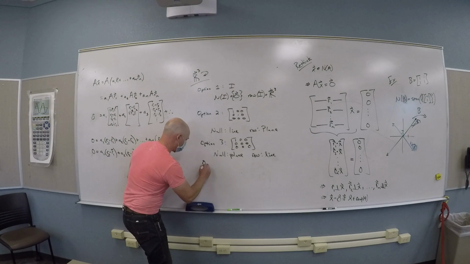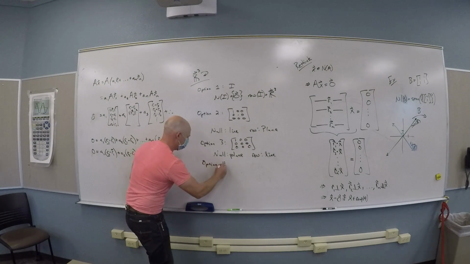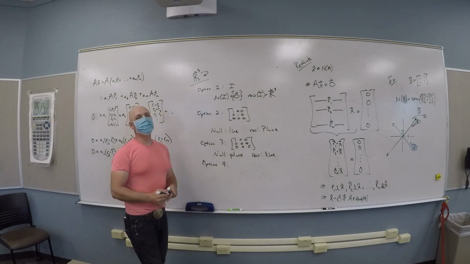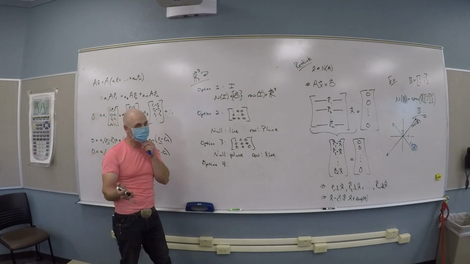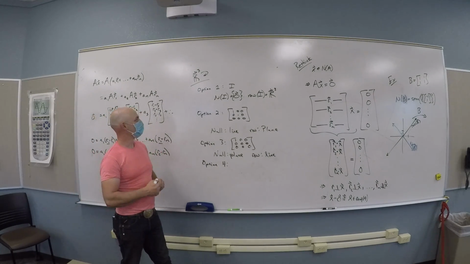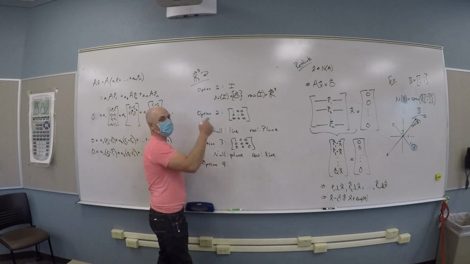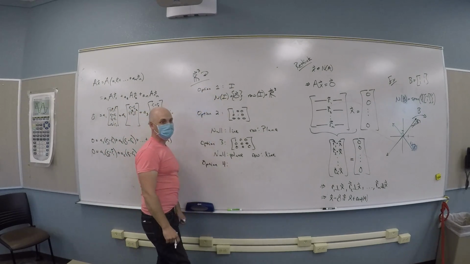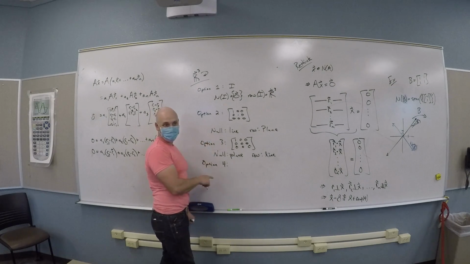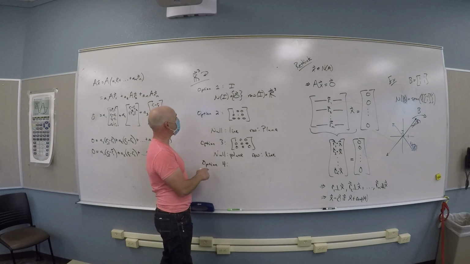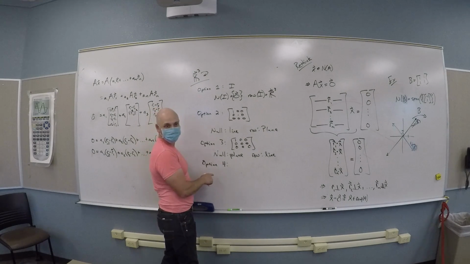And then what's option 4? It's 3 dimensions, so obviously there's 4 options. The row space is 0, and then the null space is all of R3? Perfect. That one's actually easier to write down. So how do I get the null space to be all of R3? You say it's 0.